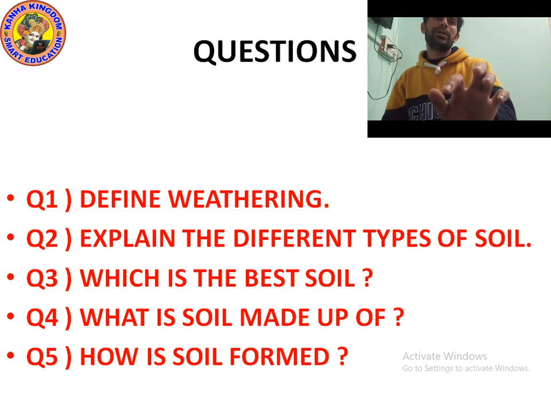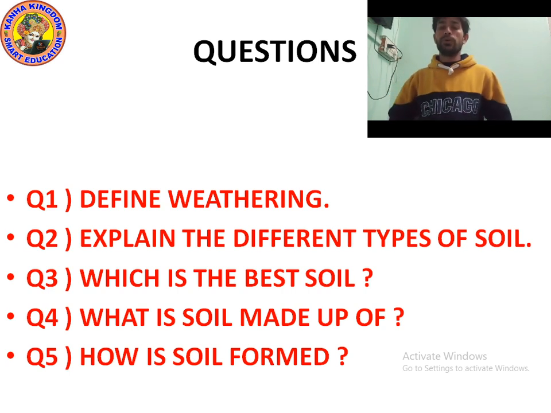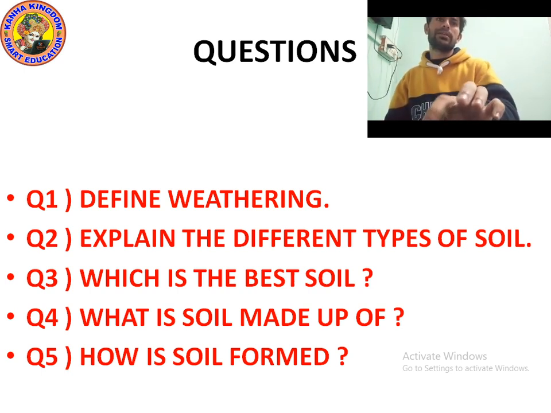In this way, by the weathering process, soil is formed. So we can say that soil is formed by the breaking down of rocks due to the action of wind, rain, heat, ice, and cold. This process is known as weathering.